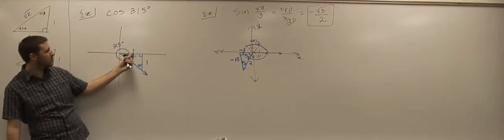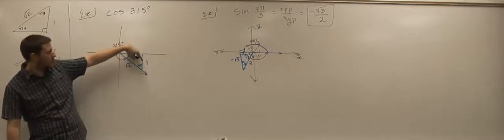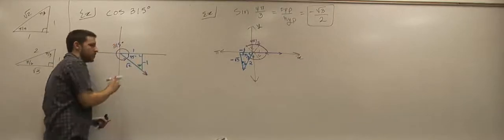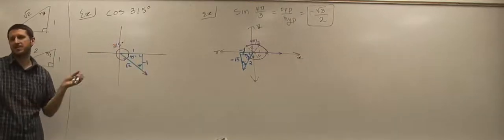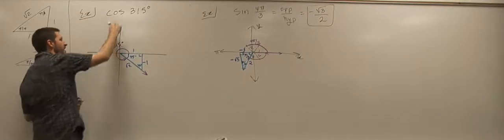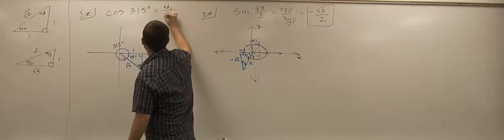So, will this 1 be positive or negative? Positive, because you're going the positive x direction. What about this one here? Negative, because you're going down. And what about the root 2? Positive. Always positive. So cosine of 315 is adjacent over hypotenuse.